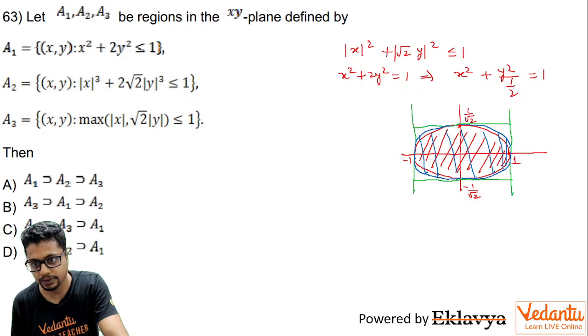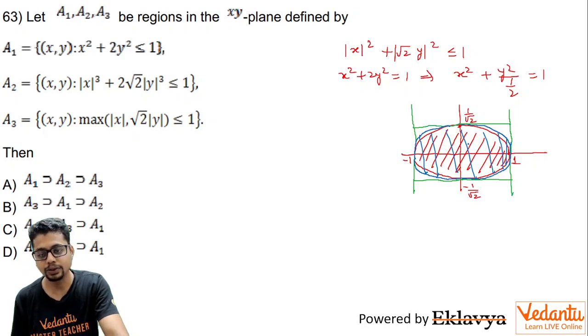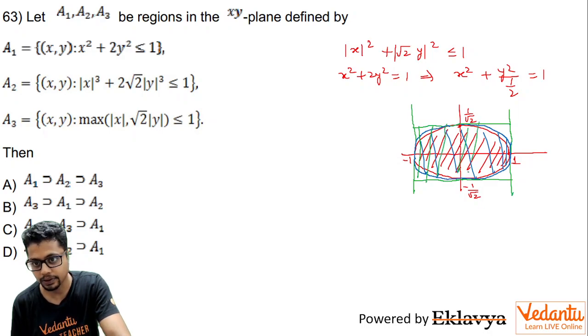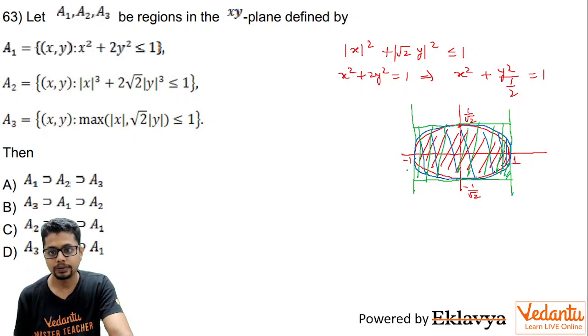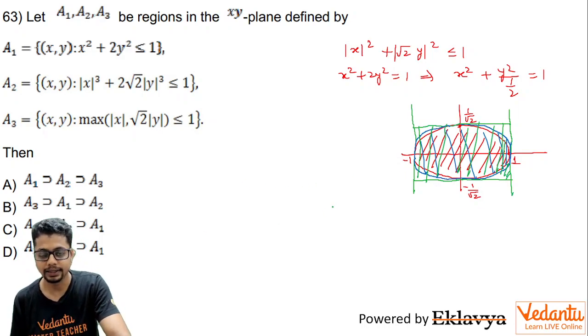And A2 in turn lies completely in A3, which is this green part. So D is the answer.